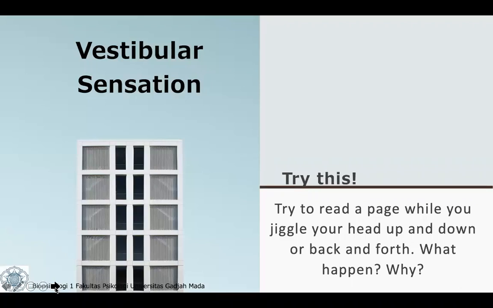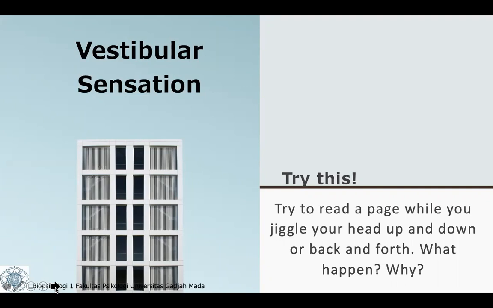You might find that you can read it fairly easily unless you jiggle your head too fast. But now try another thing. Hold your head steady and jiggle the page up and down, back and forth instead. In that case, you can hardly read it at all, right?